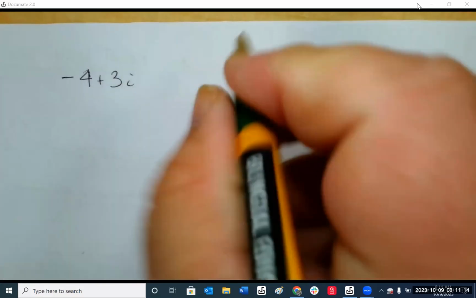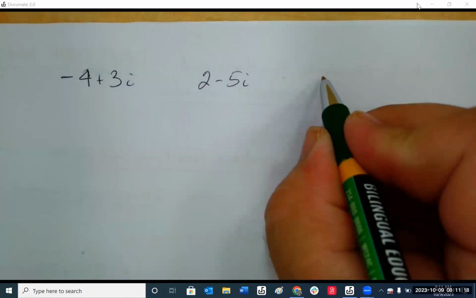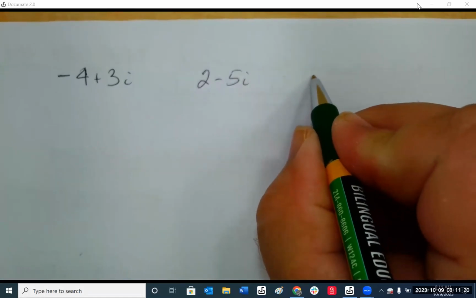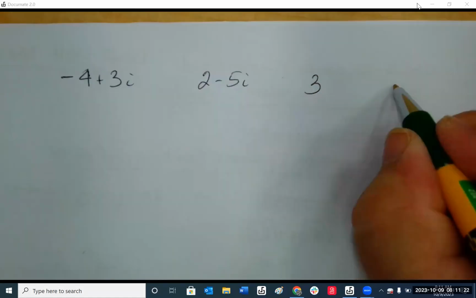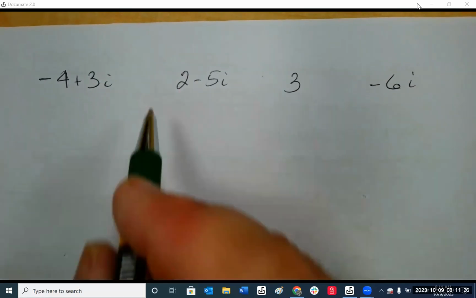So let's look at some examples. Tell me if these are complex numbers or not. Okay, the first one.